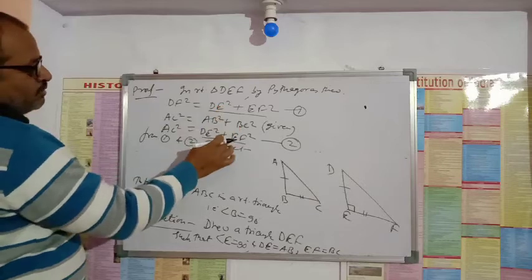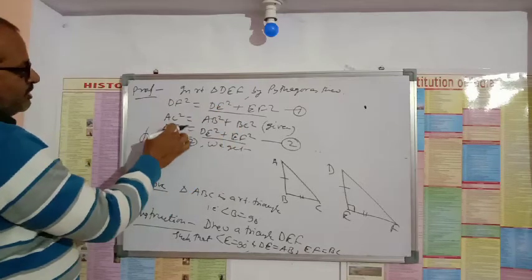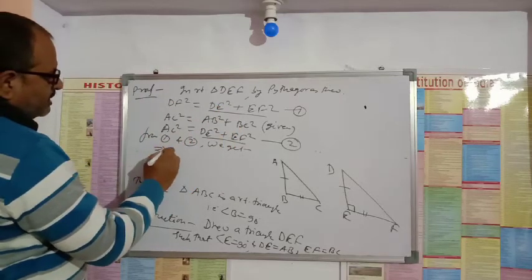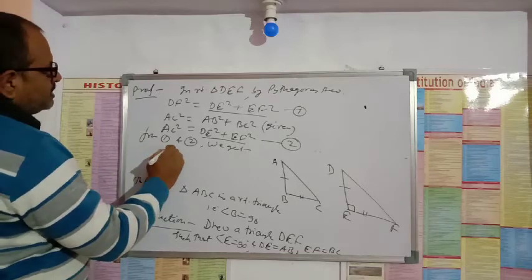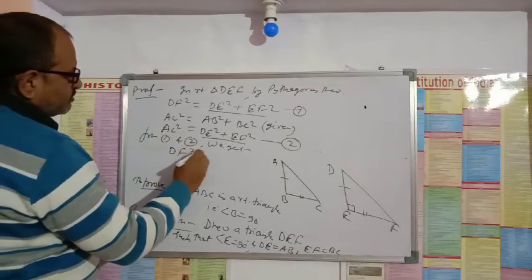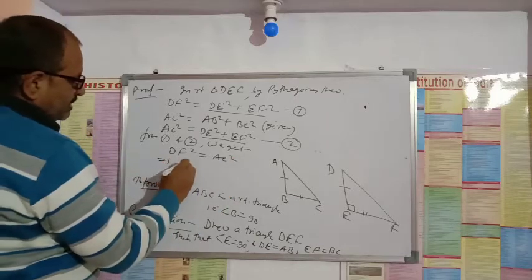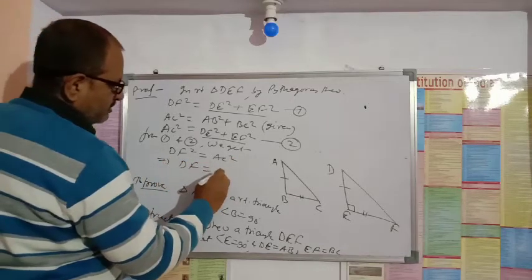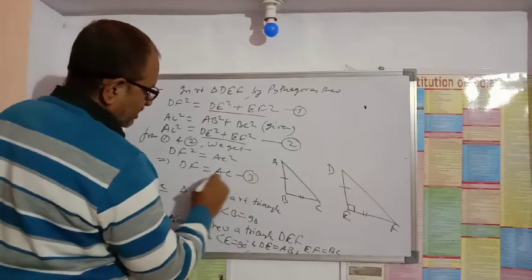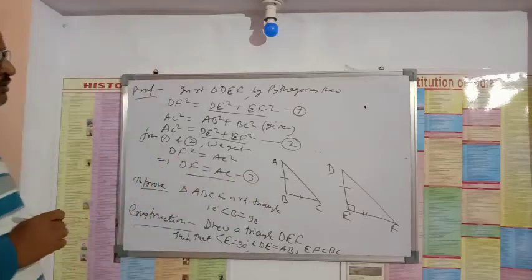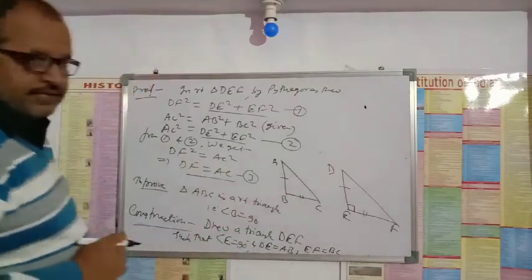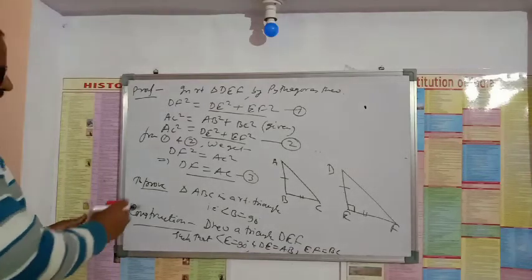So the right sides of both equations are equal, so the left parts will also be equal. So from first and second we get DF square is equal to AC square, means DF is equal to AC.